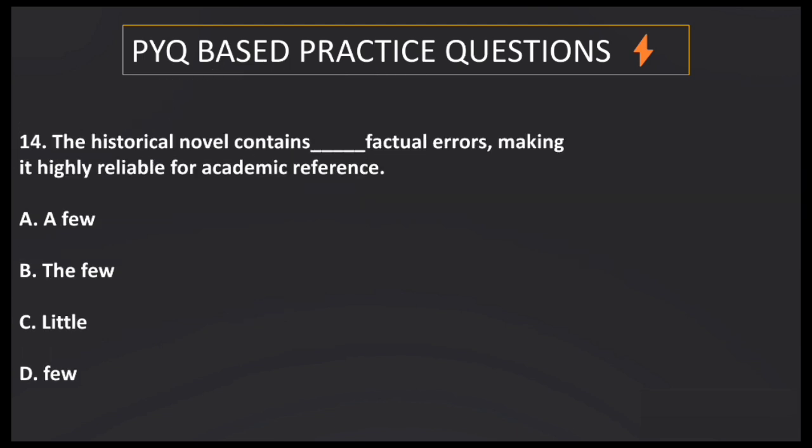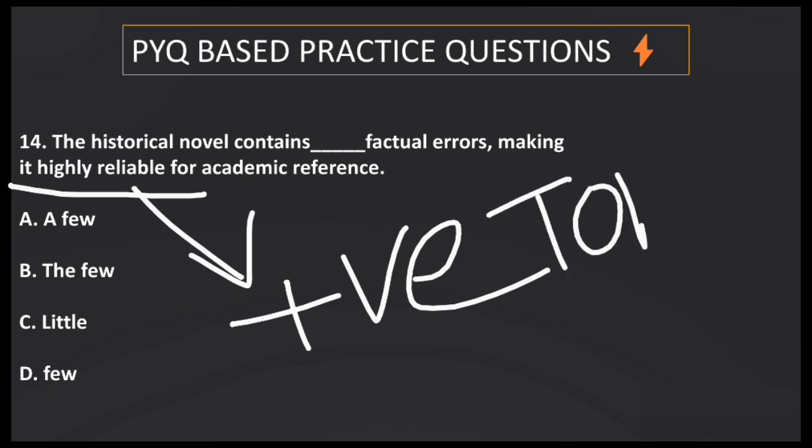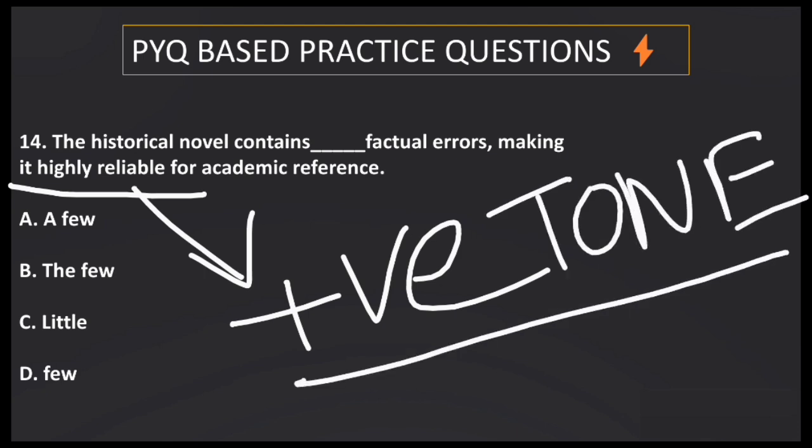So the next question, the historical novel contains factual errors making it highly reliable for academic reference. The word highly reliable itself gives us one kind of positive sense, and when it is positive sense, we know which option we should opt in here.